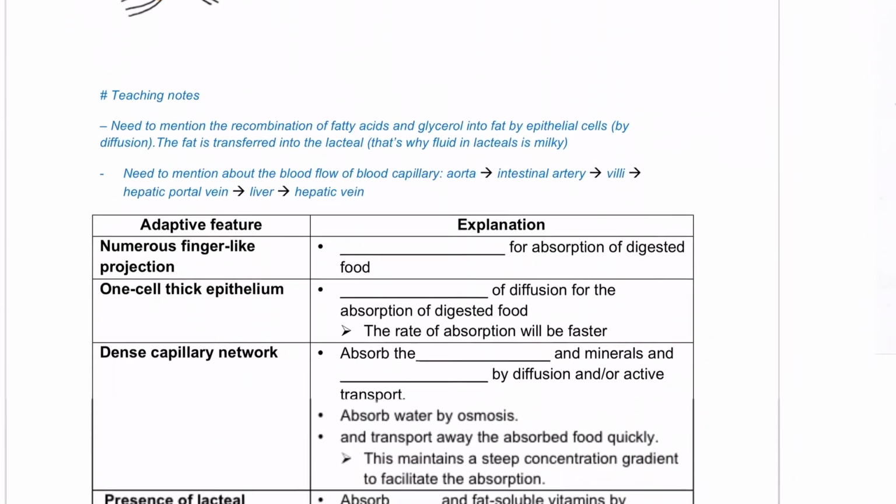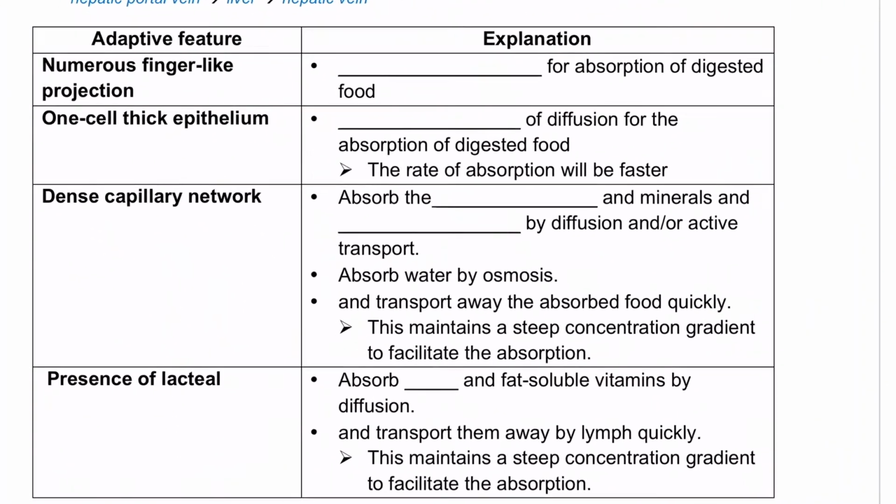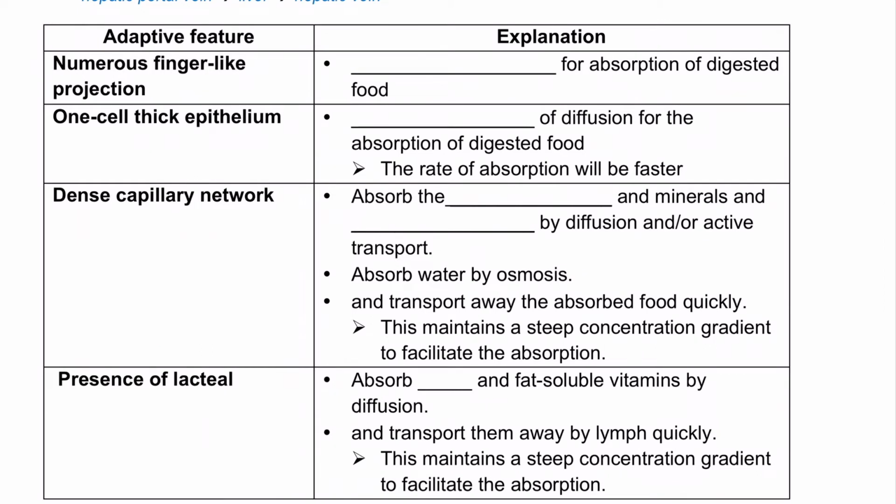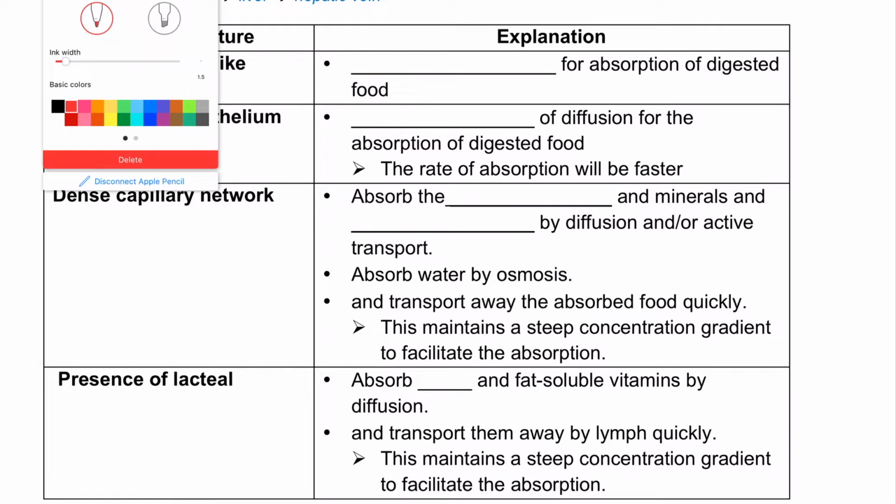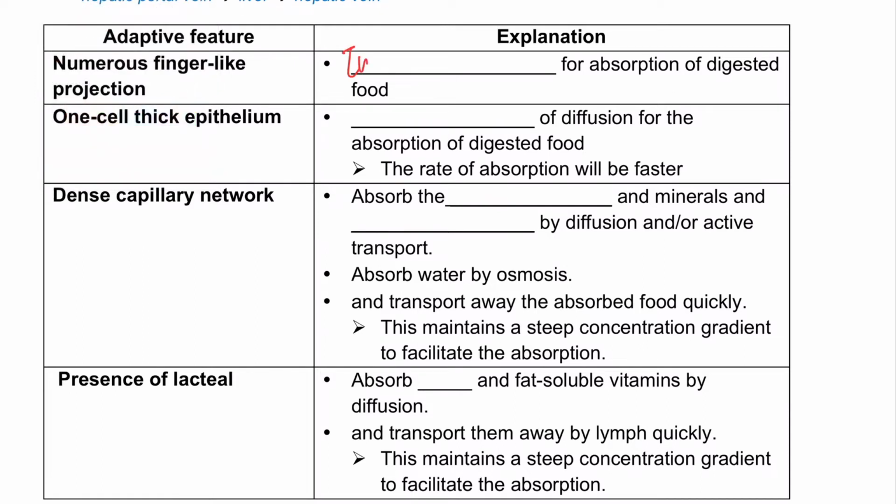We will move on to the wordings, how we're going to describe the absorption of digested food. Firstly, as you can see, this villus can provide a very large surface area for the absorption of digested food.